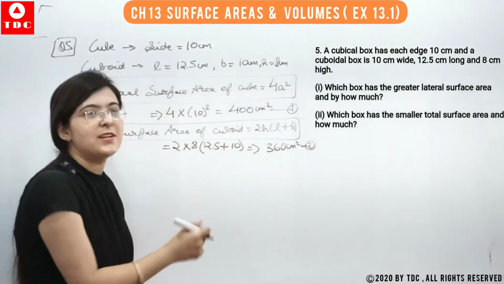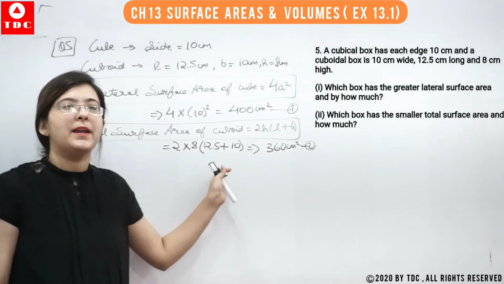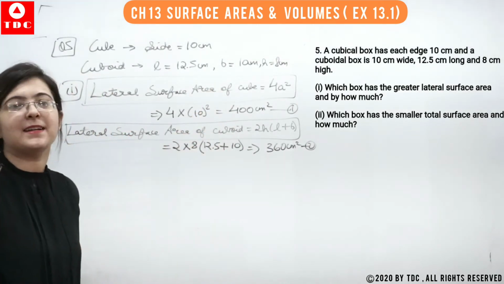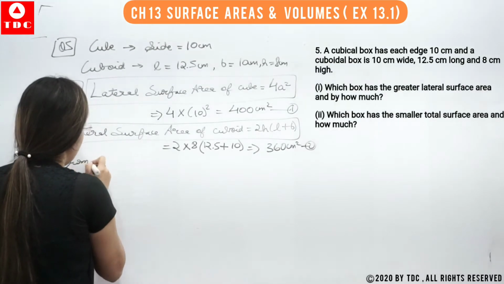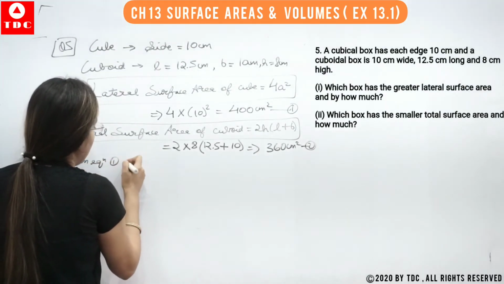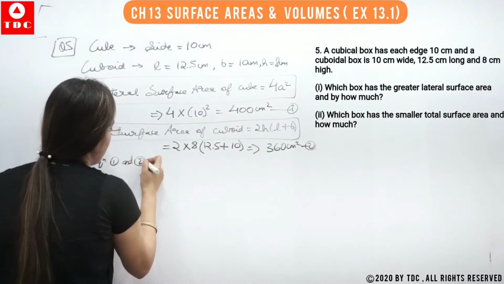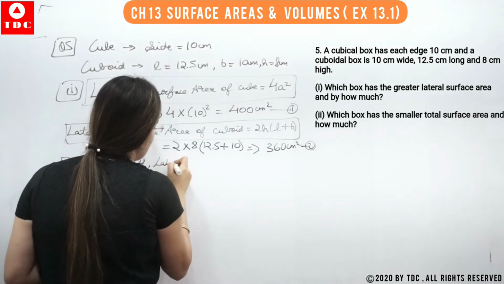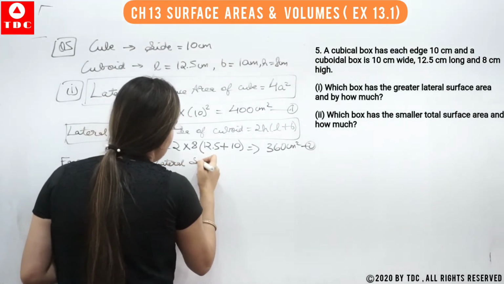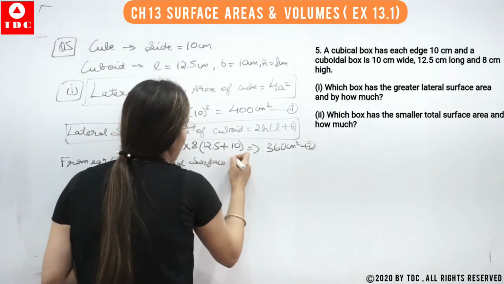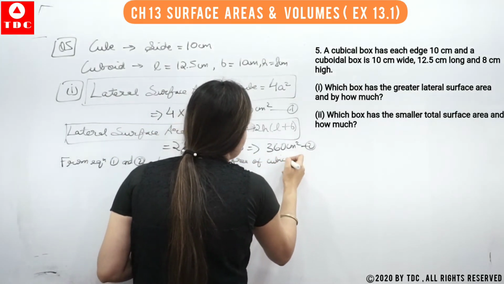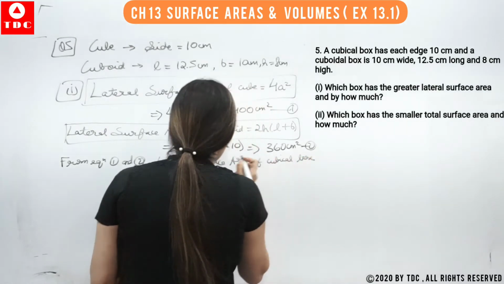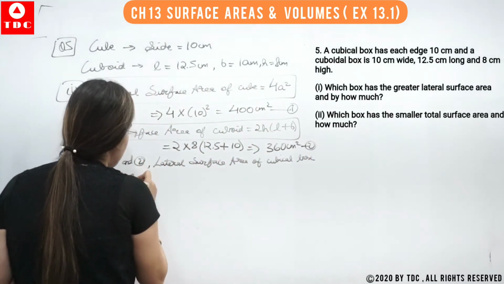Give it equation 2. So from equation 1 and 2, the lateral surface area of cubical box is greater.